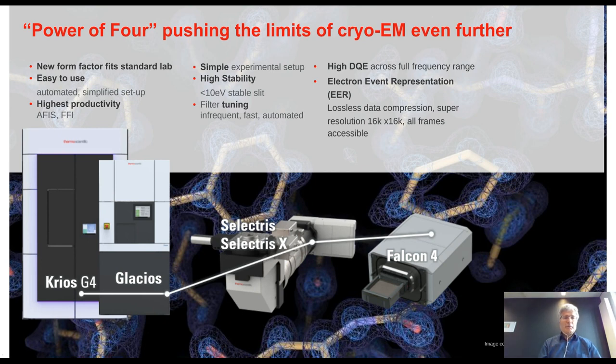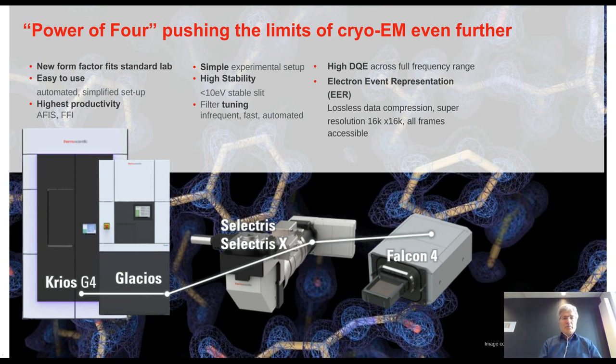With respect to both platforms, we've also implemented significant automation, not only automation in order to get to the right optical status before you start doing an experiment, the so-called APM or Advanced Performance Monitoring, but also automation in the application software, for example, EPU, which makes it easier to facilitate, for example, the screening of grids. And last but not least, we have been pushing the productivity by implementing, at least with respect to the platforms, aberration-free image shifting and fringe-free imaging, as you all know.